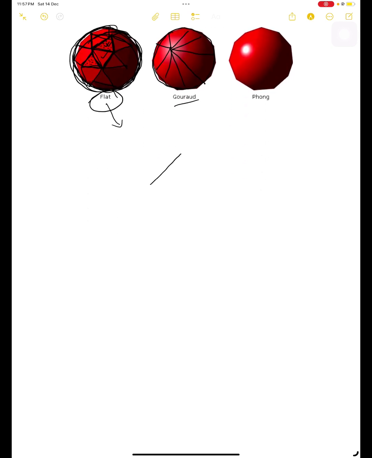Suppose, let's take one individual polygon here. Here, we have four vertices in this polygon. This can be named as C1. This is C2, this is C3, and this is C4. Now, whenever we are asked to do Gouraud shading, of every polygon that we get, at least the colors of all the individual vertices will be given to us.